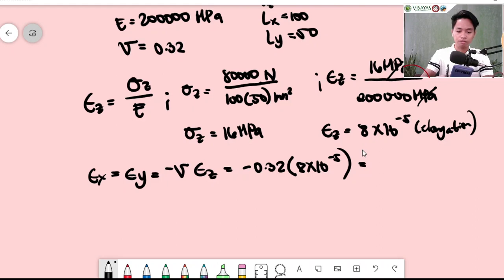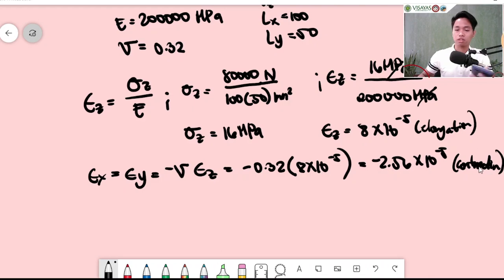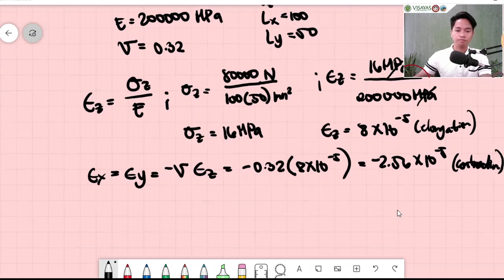That is equivalent to negative 2.56 times 10 to the negative 5. Since it is negative, meaning this is a contraction. Contraction, it contracted. Okay.